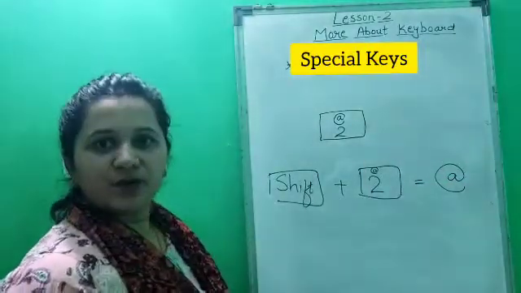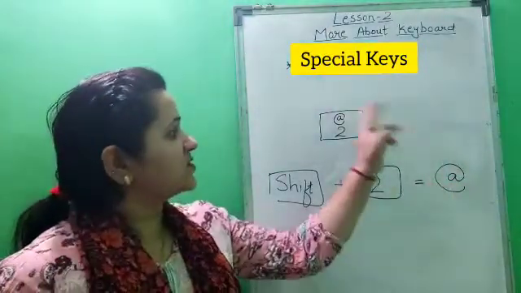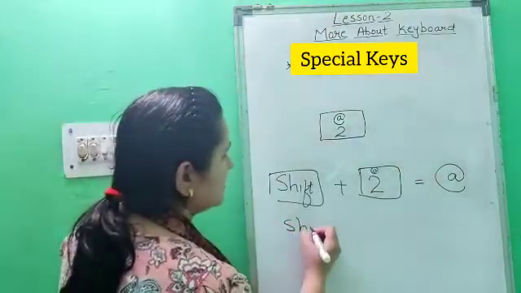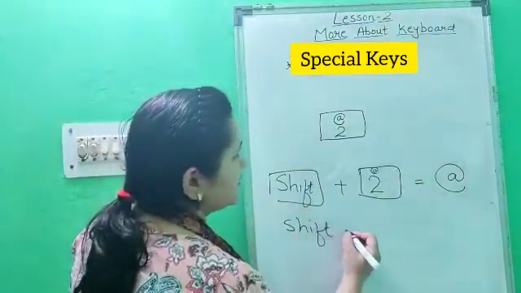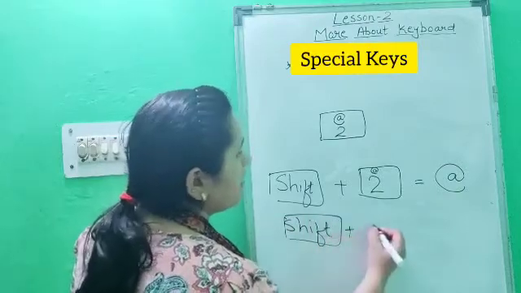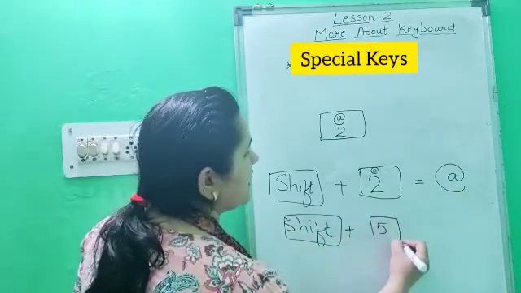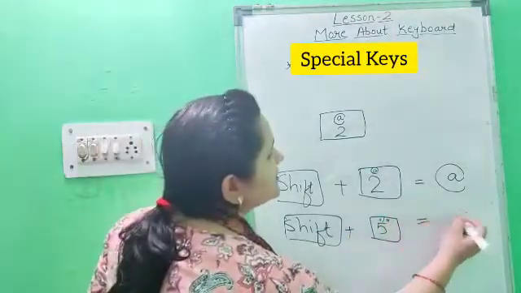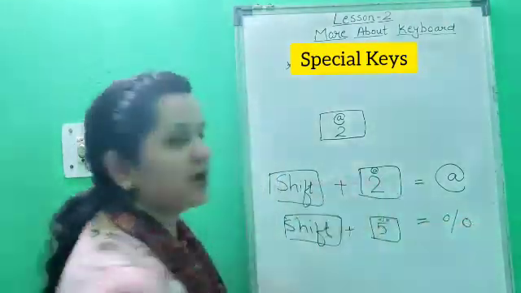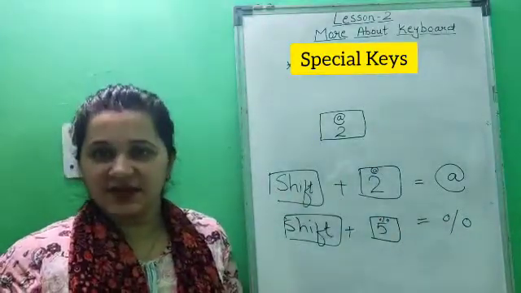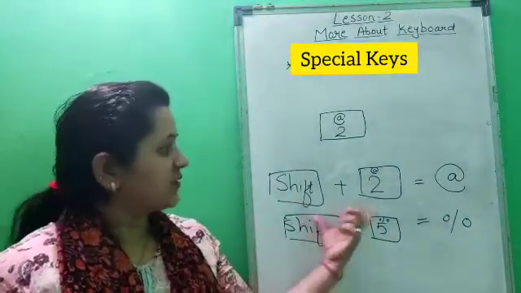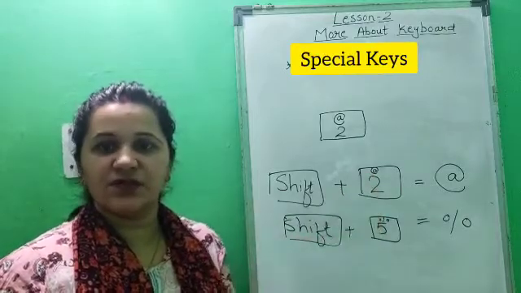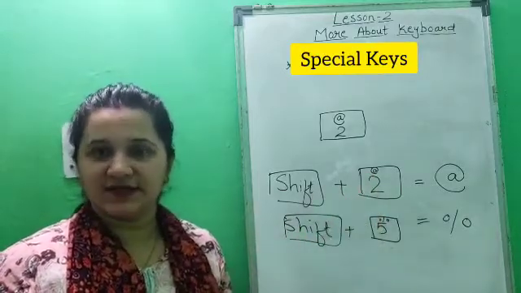Yes. Then it will print this special symbol. Again, if we press shift key along with the number key 5, at the top this percentage symbol is there. So what would be the result? Yes, it will display this symbol on the computer screen. Okay children, so this is the work of shift key. It helps in pressing the special symbols which are present at the top of the number keys.